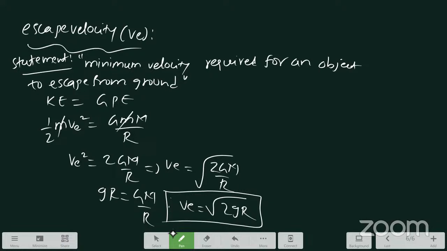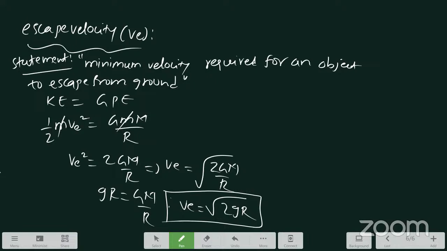First statement: minimum velocity required for an object to escape from the earth. Then in equilibrium position, kinetic energy balances with gravitational potential energy. Here minus of minus, directly I wrote plus, half m v square equals GMm by r. m cancels. V equals under root of 2GM by r.